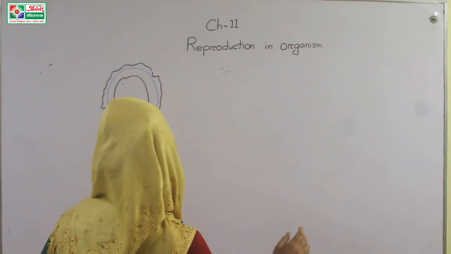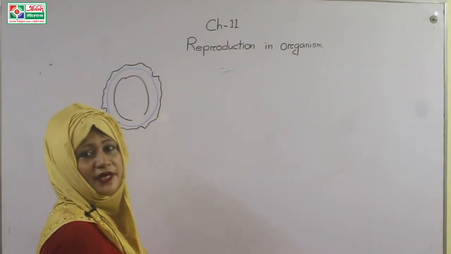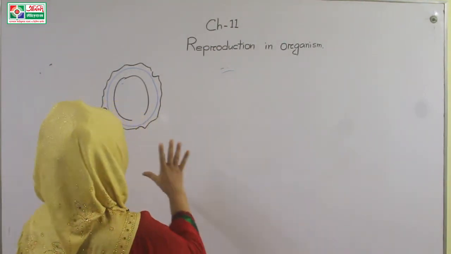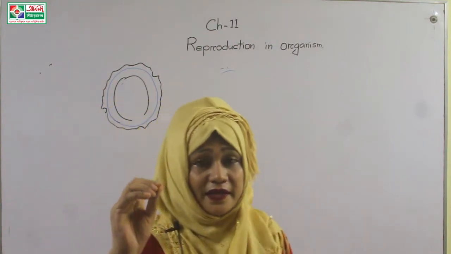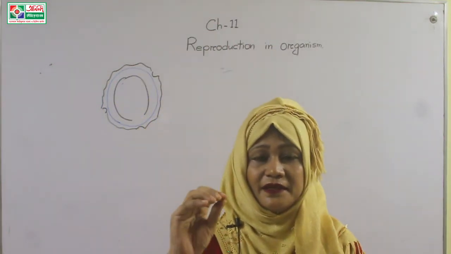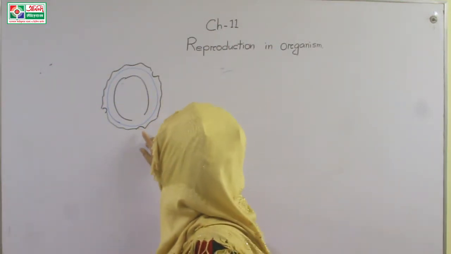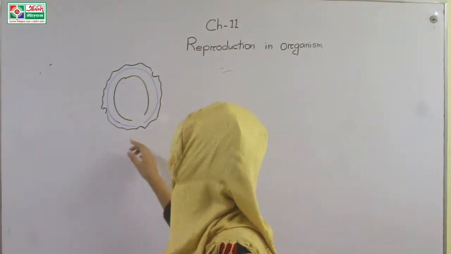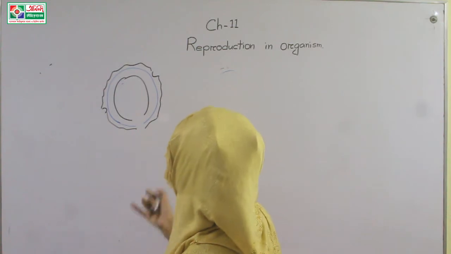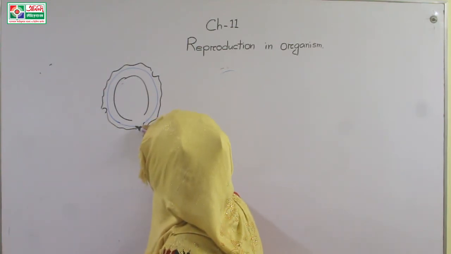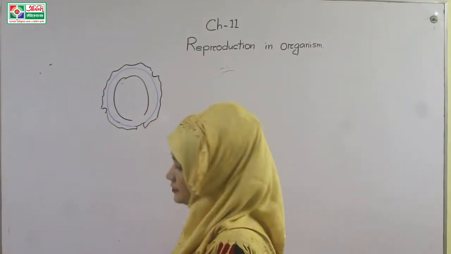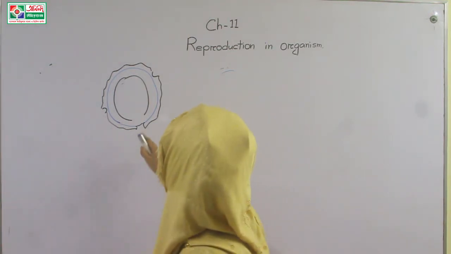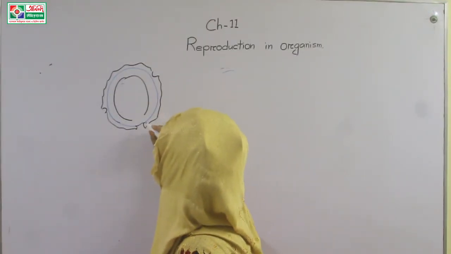So God has gifted something to the pollen grains. That means in some places on the exine there are some weak points, and these are known as the jumper. In this case there is no sporopollenin.